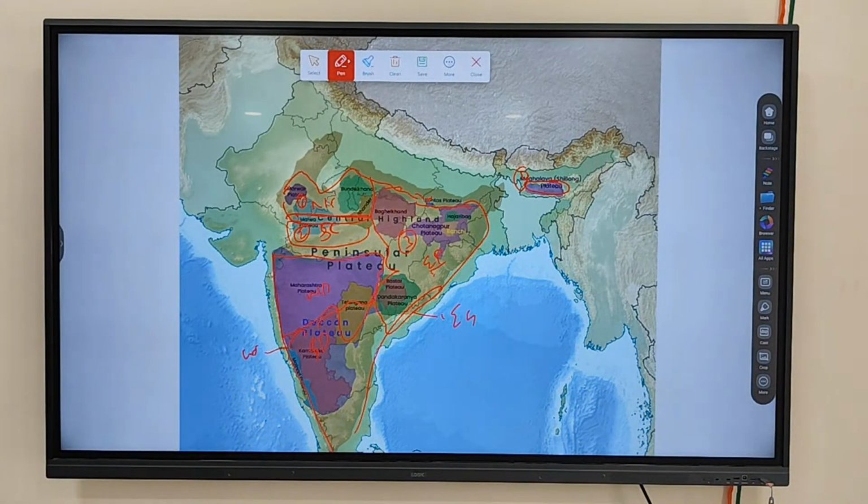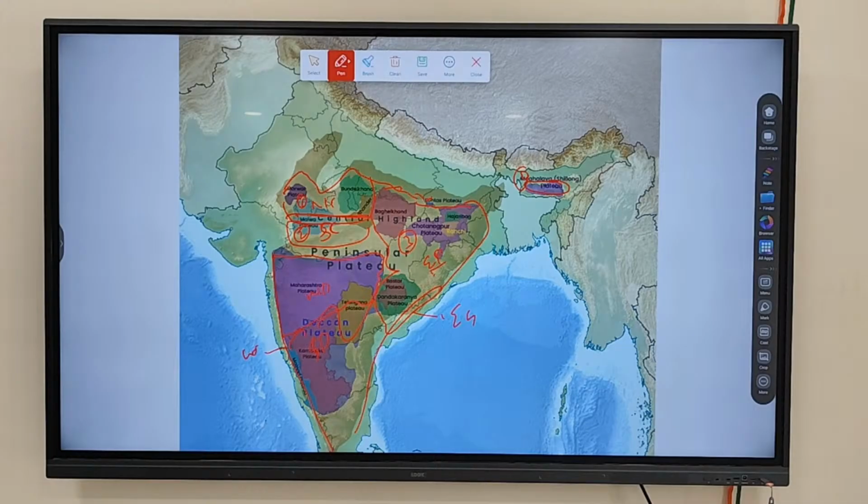Clear? Any doubt? So North Central Highland, South Central Highland, North Deccan, South Deccan, Eastern Ghat, Western Ghat, Eastern Plateau and Meghalaya Plateau.